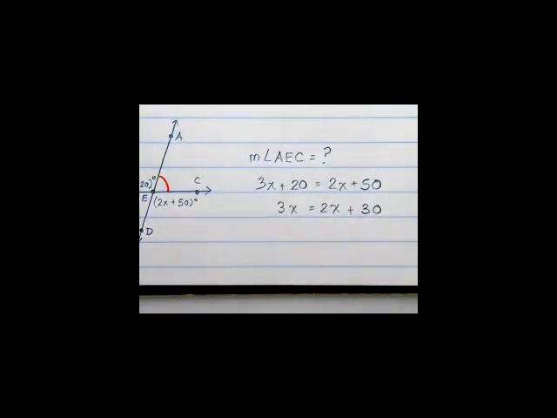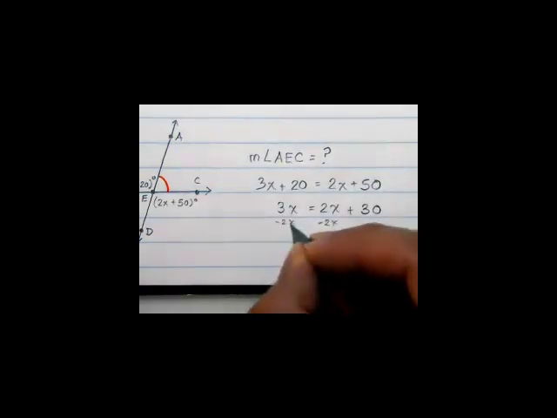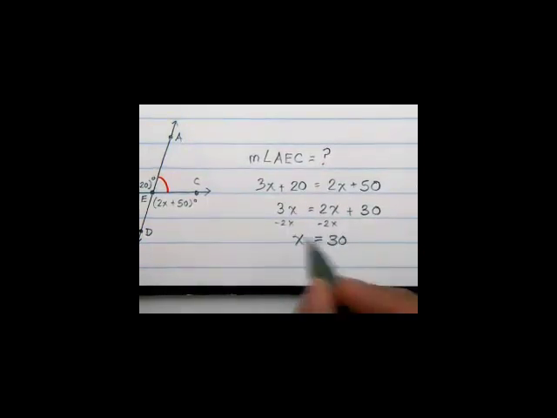Oh, well, just take a look. What can we do now? Can we take the x and the 2x? Subtract the 2x from the 3x. So we can get the x's on one side and everything else on the other. So if I subtract 2x, I'm left with x equals 30.